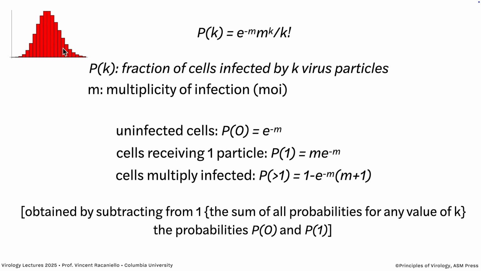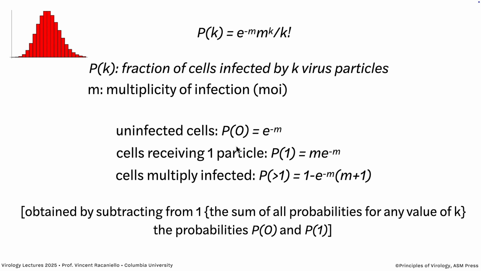This is a graph of the function showing you the events that occur at different inputs, where P_k is the fraction of cells infected by k virus particles, and m is the multiplicity of infection. Now, don't be daunted by this formula. It can be simplified. If you want to know the number of uninfected cells, that would be P0. That reduces to e^-m, e being the natural base. So you just plug in your MOI there.